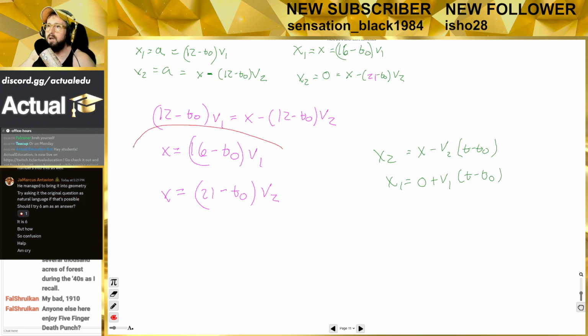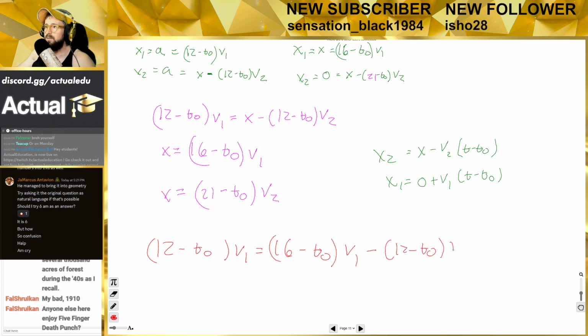So what if I plug this in for x? Okay, so let's say we have 12 minus t0 v1 is equal to 16 minus t0 v1, right? So what we did is we just plug that in. Yeah, you know how we're going to do this? Watch this. And this is minus 12 minus t0 v2.